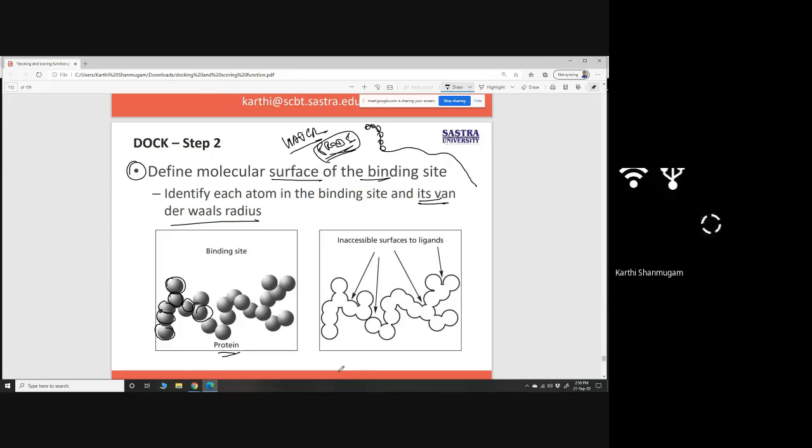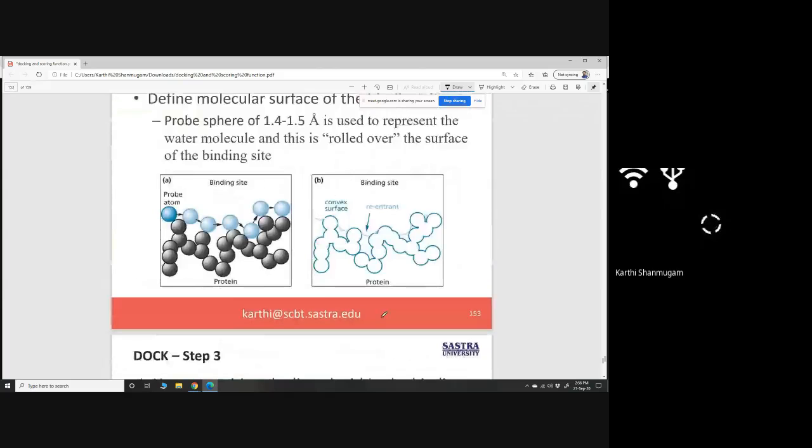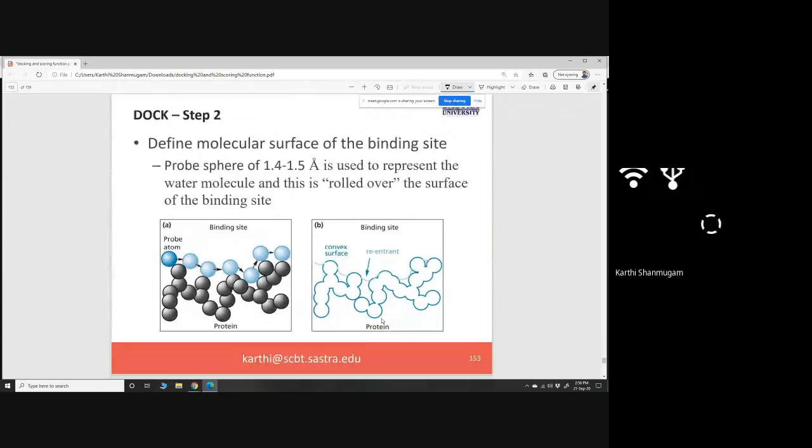Once you have this molecular surface, this is what we do in the first step: we identify the molecular surface. I just highlight this. What I mean here is the molecular surface of the binding site, not the entire protein molecule. This is a binding site, and this is the molecular surface of the binding site.